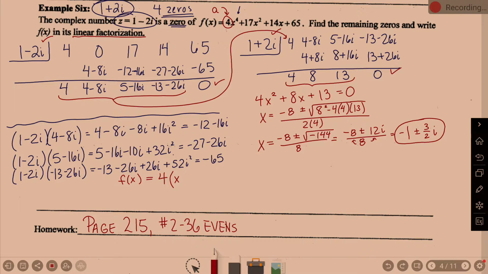So if I subtract 1 minus 2i, that's going to be x minus 1 plus 2i. That's me writing it without the extra parentheses like we did yesterday. So that's the first 0. The next one, x minus, and this time I'm subtracting the quantity 1 plus 2i. So if I subtract 1 and subtract 2i, it's going to be x minus 1 minus 2i.